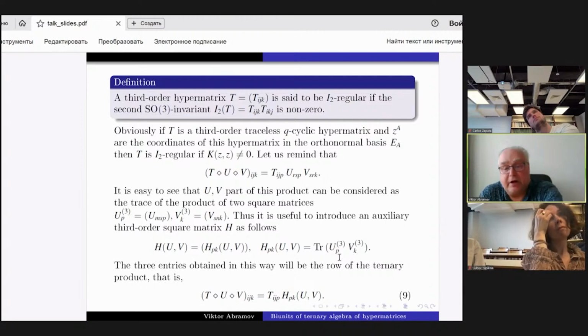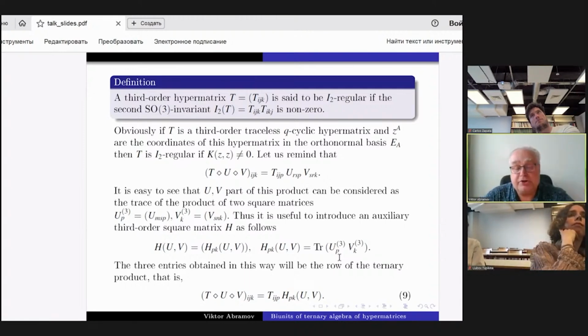It means that if I put equal U and V, then the non-diagonal part will vanish because of skew-symmetry. But when they are equal, I will remain only with the diagonal part, which is this bilinear form.